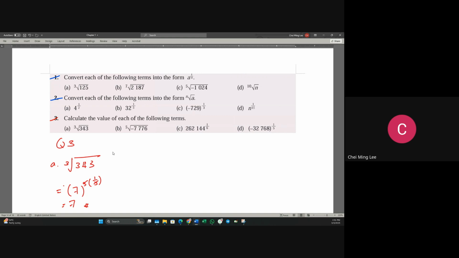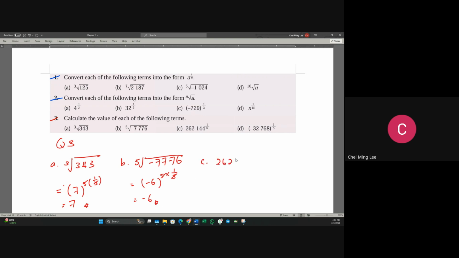But if you use a calculator, you can get the answer. Okay, B, this one, negative 7776, can be changed into negative 6 to the power of 5, then times 1 over 5. So you get negative 6.